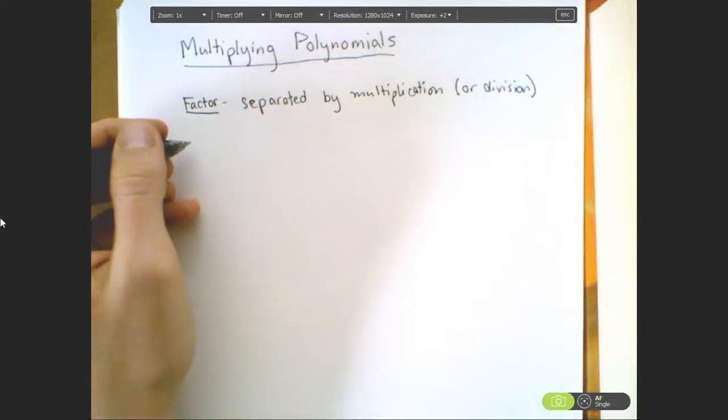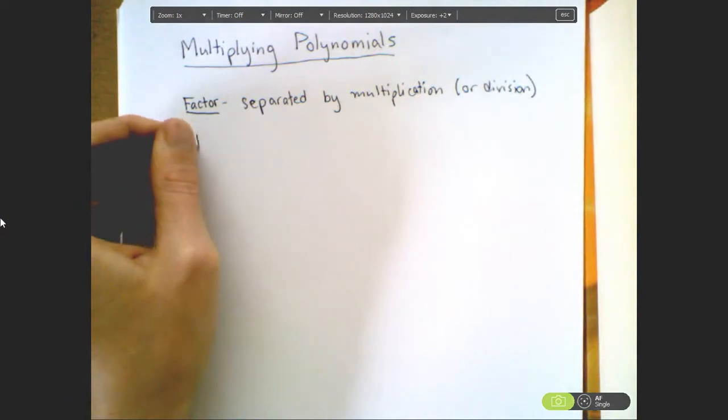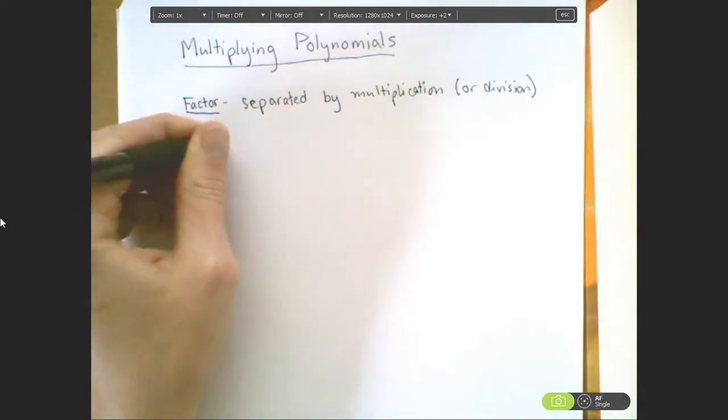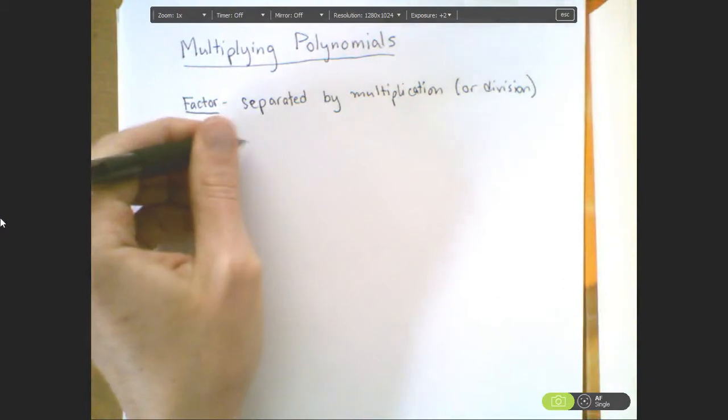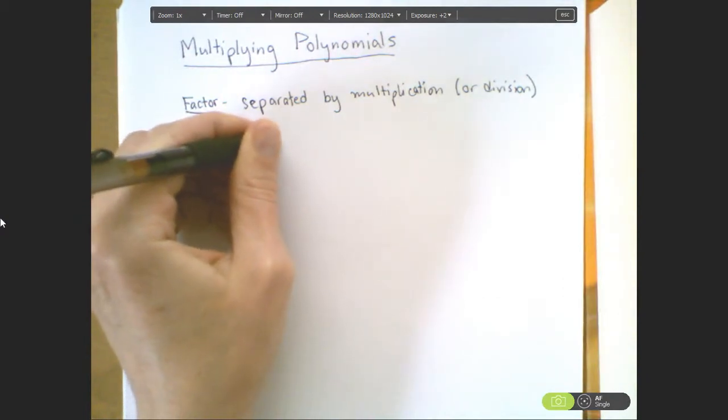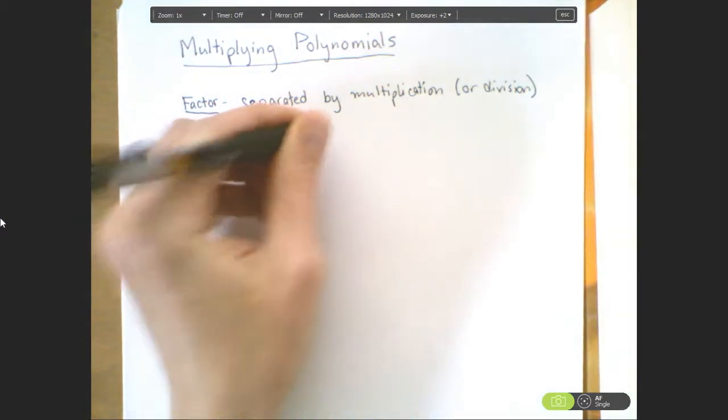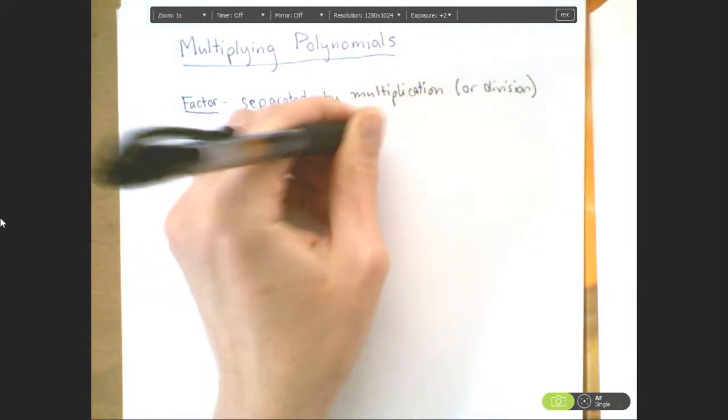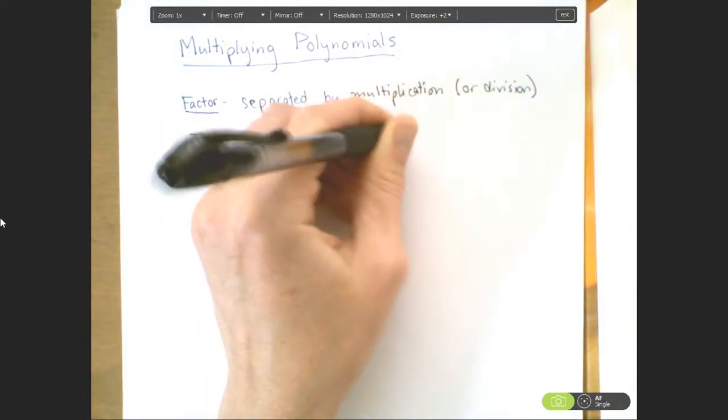Another vocabulary term that's important is the idea of a term. Terms are other mathematical expressions that are separated by addition or subtraction.